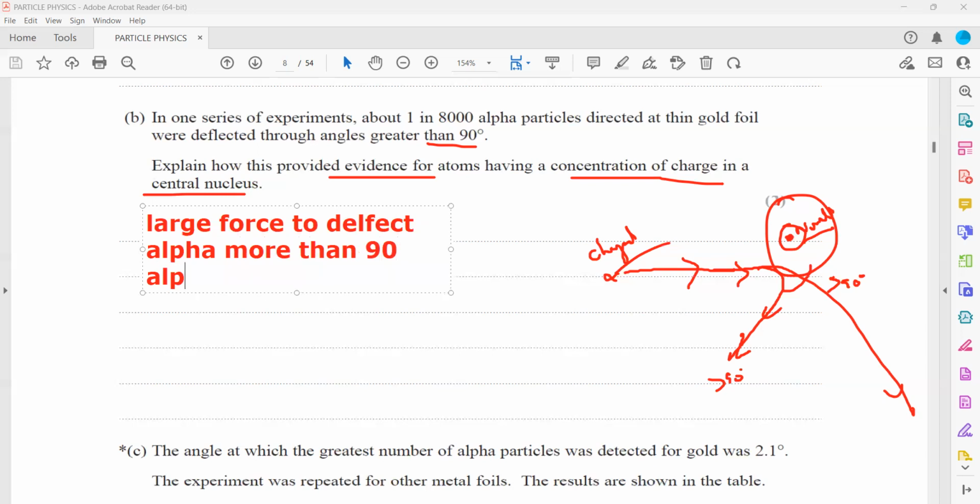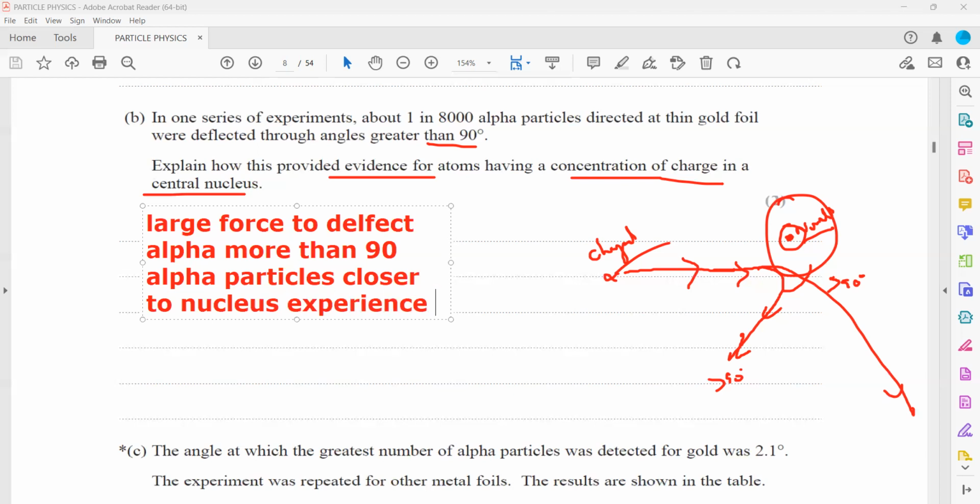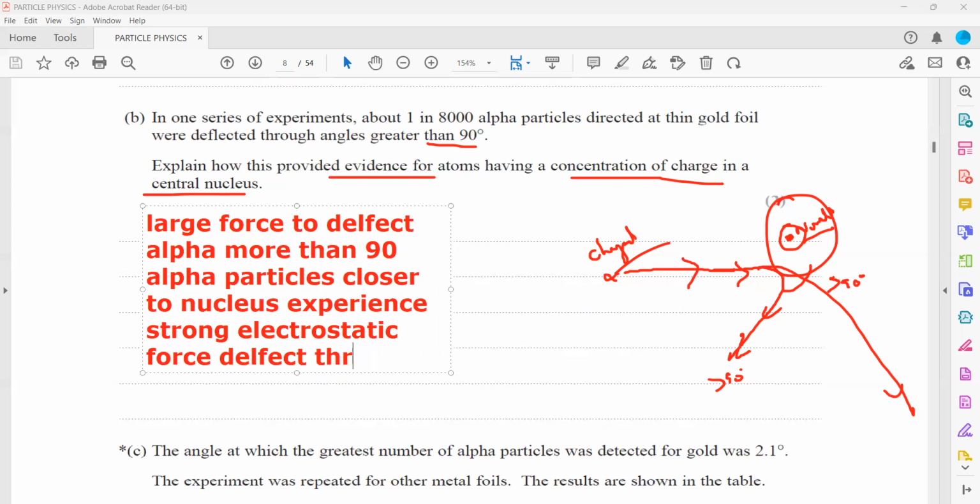So alpha particles which are closer to the nucleus experience a strong electrostatic force, and are deflected through a large angle.